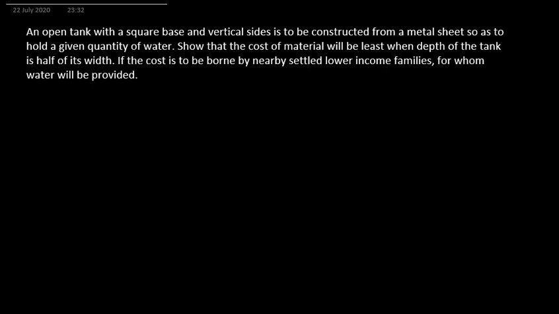So an open tank, what is given, if you see, then in this problem an open tank with a square base and vertical side is to be constructed. So we have an open tank whose base is square and whose sides are vertical.